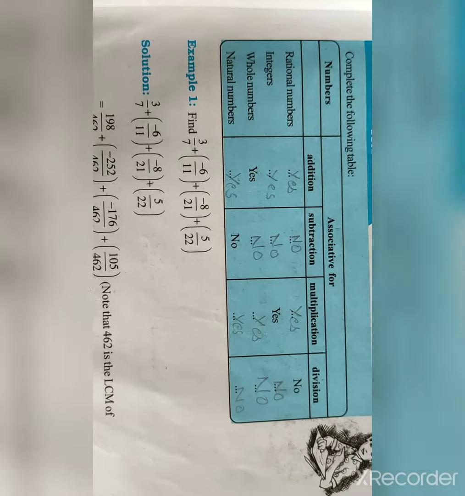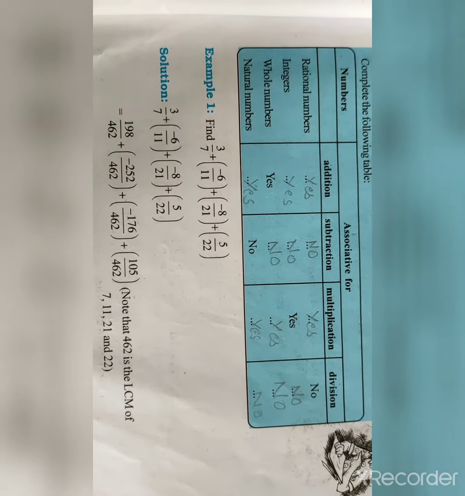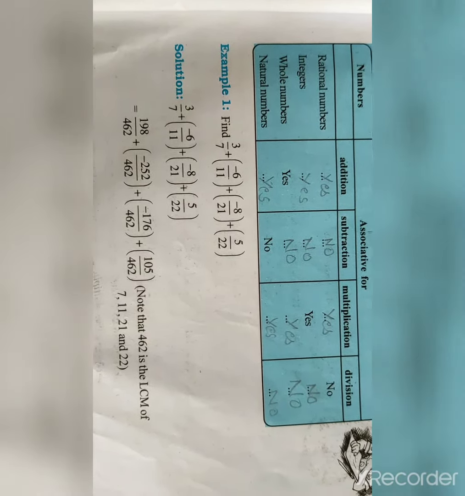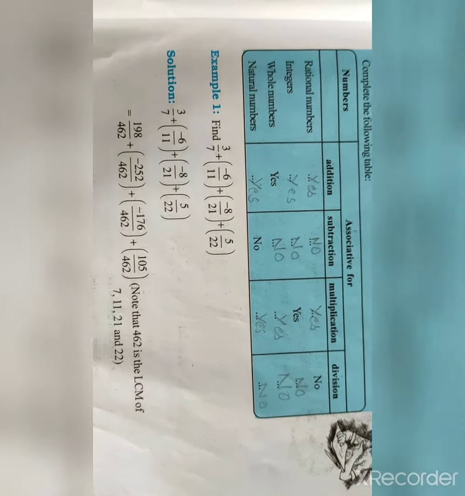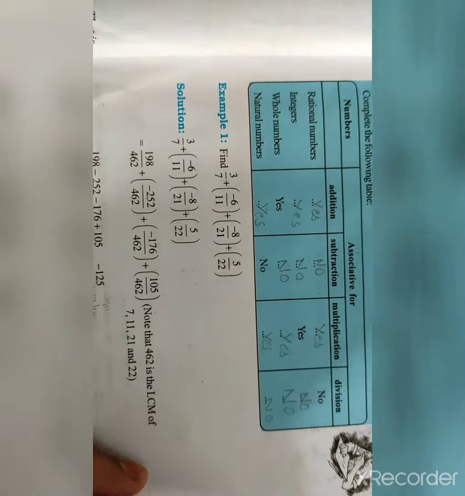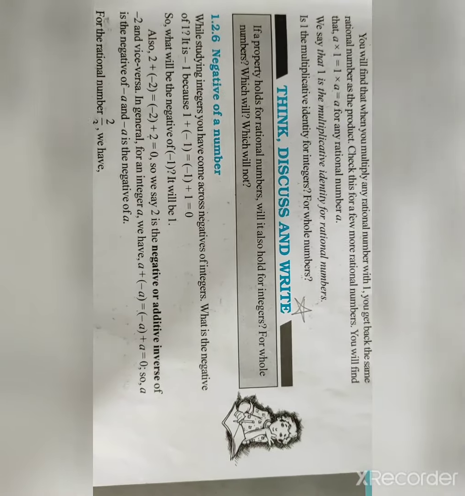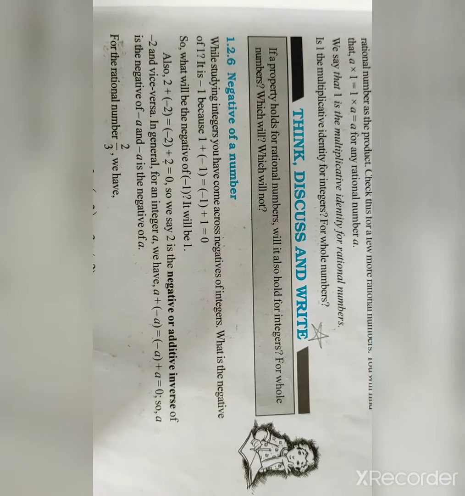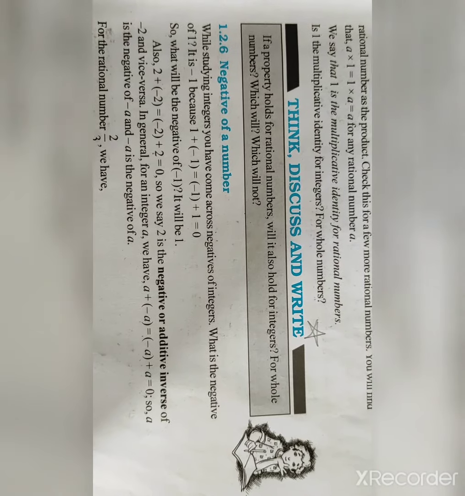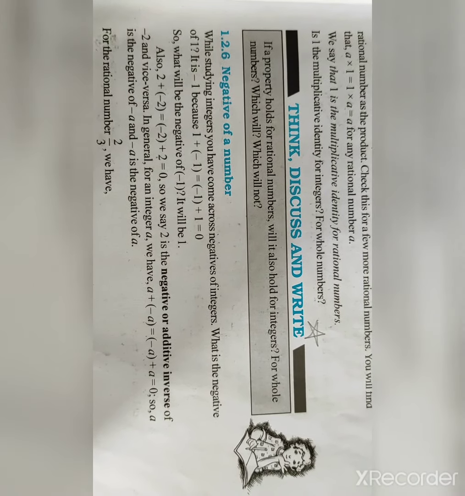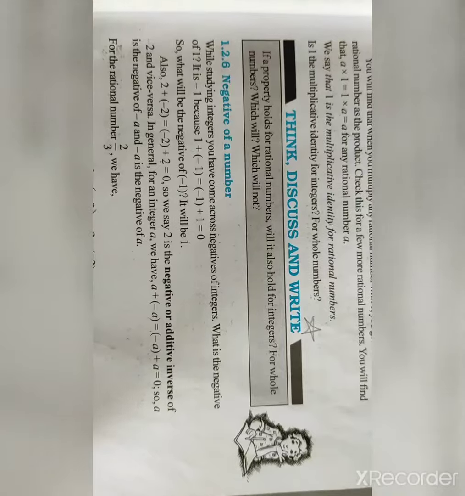In rational numbers, addition is associative, yes, subtraction no, multiplication yes, division no. So in the closure property, subtraction is not closed for whole numbers, and subtraction is closed for rational numbers.